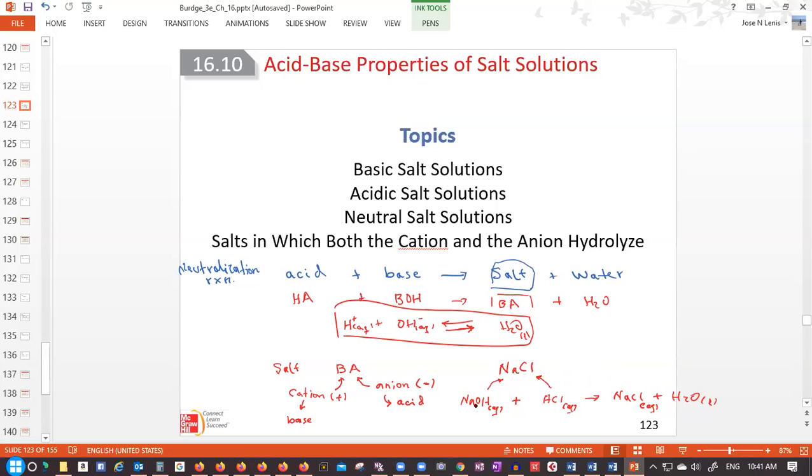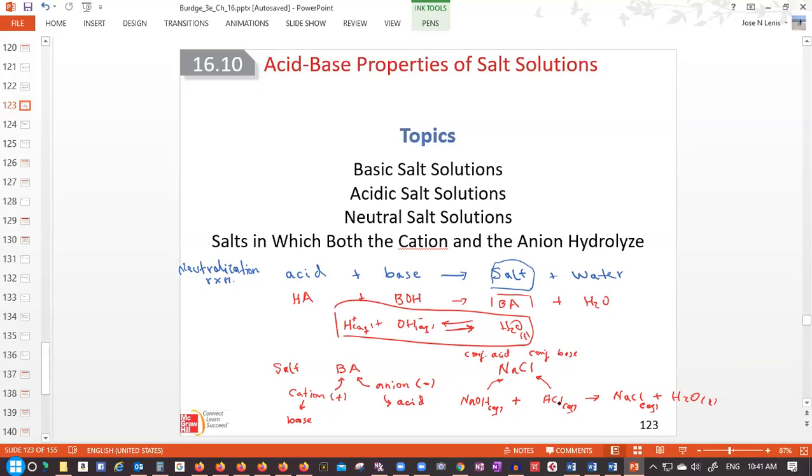Sodium hydroxide is a strong base. The strong base makes a weak conjugate acid. So you will have the conjugate acid here on this portion of the structure. And the Cl minus is the conjugate base of the strong acid.